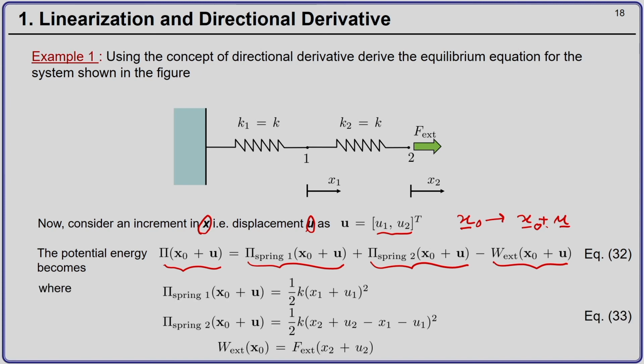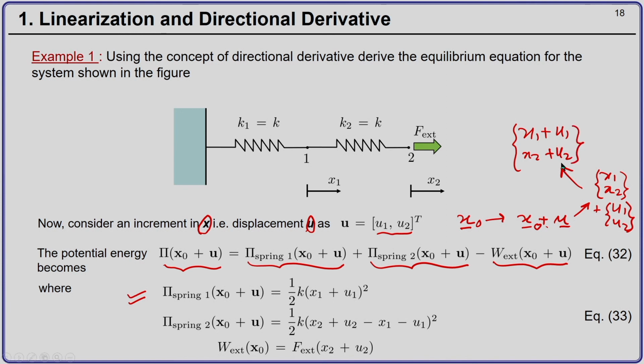Therefore, you can get the expression for the potential energy of spring 1 as half k (x1 plus u1) whole square. If you see this expression, this is nothing but x1 x2 plus u1 u2, so the resulting expression would be x1 plus u1, x2 plus u2.